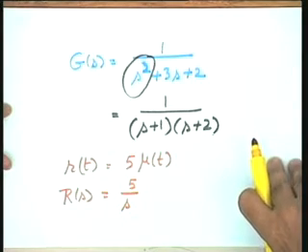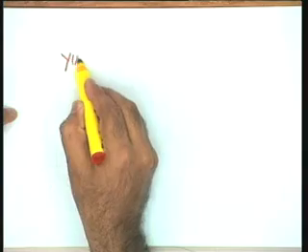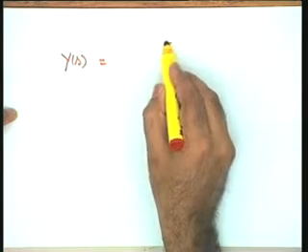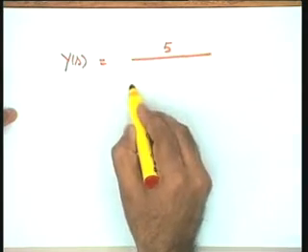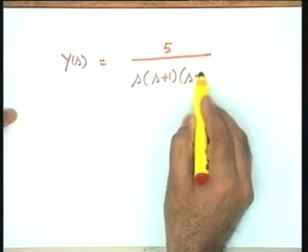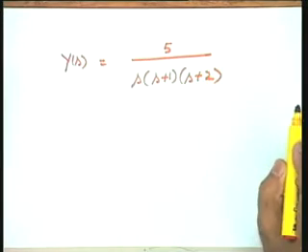So, the algebraic relationship Y(s) equal to G(s)R(s) gives me the response transform as 5 over s into (s plus 1) into (s plus 2). Some of the terms which I will be defining you should please note, because these will be referred to again and again later on.